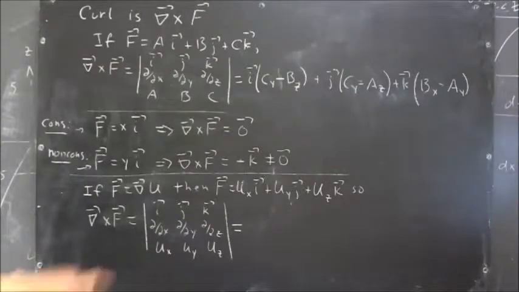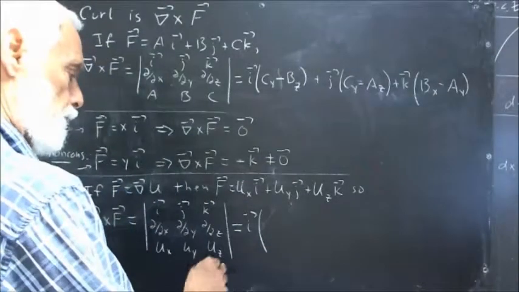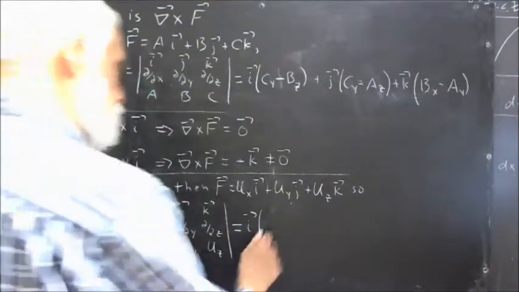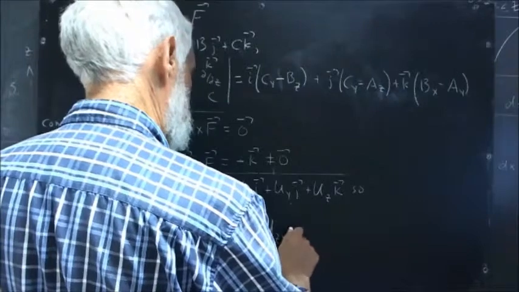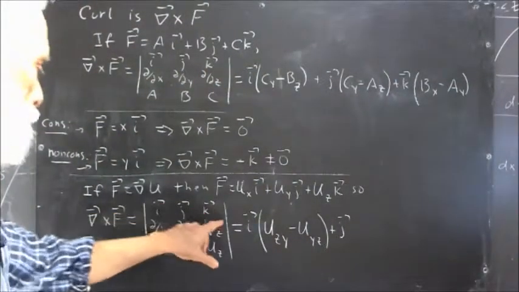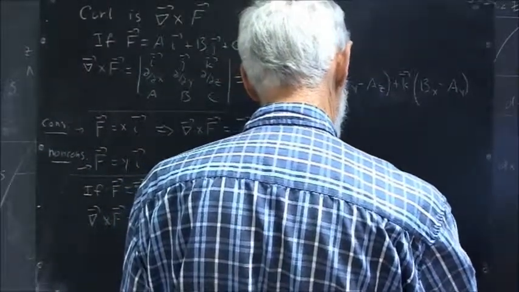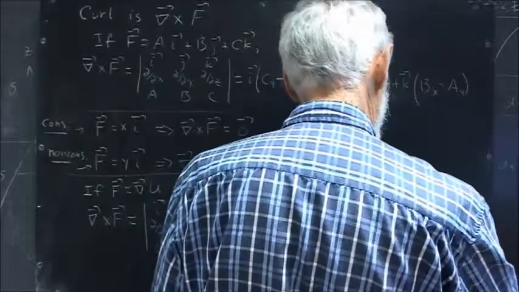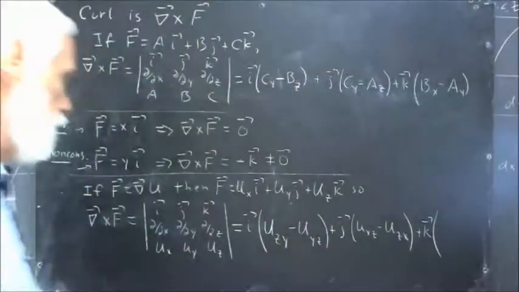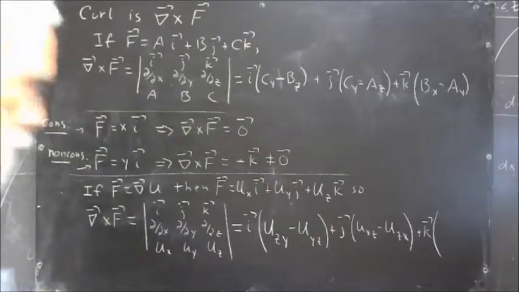Well, we're going to have i times the partial of Uz with respect to y minus the partial of Uy with respect to z, plus the j vector times the partial of Ux with respect to z minus the partial of Uz with respect to x, plus the k vector multiplied by the partial of Uy with respect to x minus the partial of Ux with respect to y.